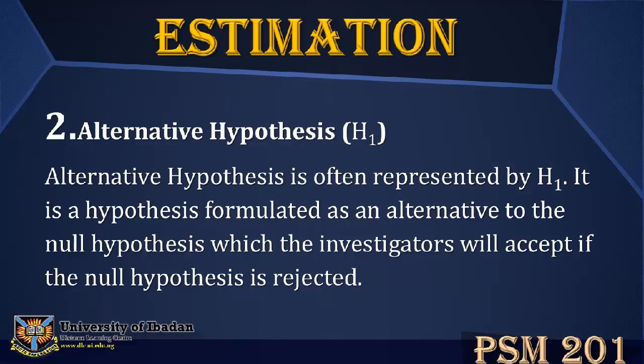By convention, it specifies what forms of departure from the null hypothesis are of potential concern. This statement of inequality could either be directional, one-tailed test, or non-directional, two-tailed test statements. An example would be that there is a difference in ARV adherence rates between males and females.